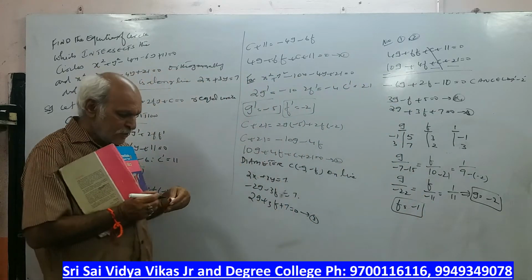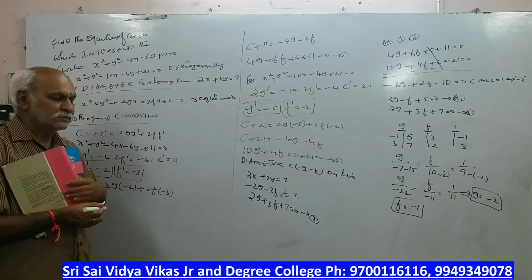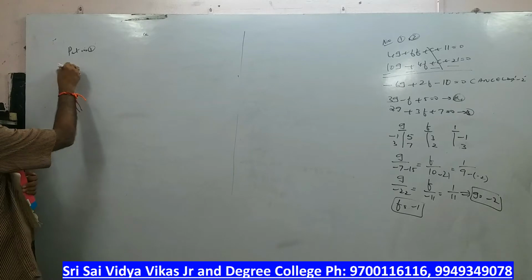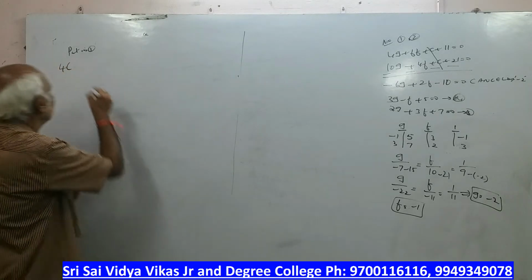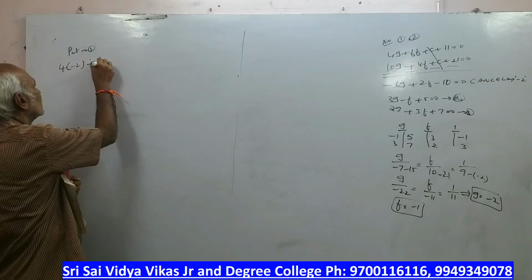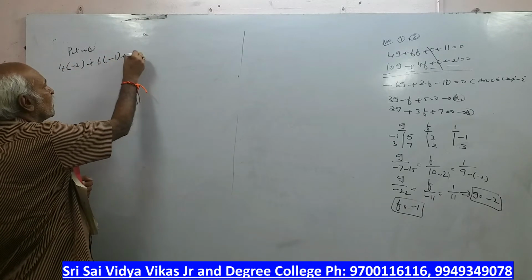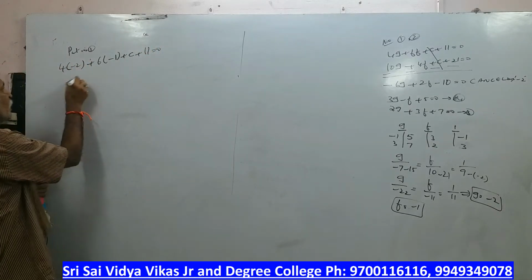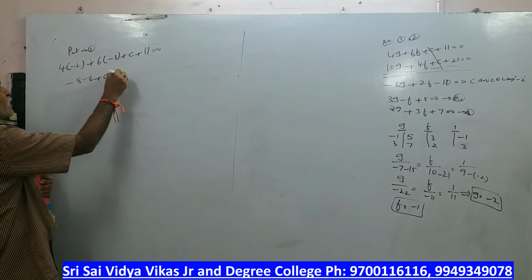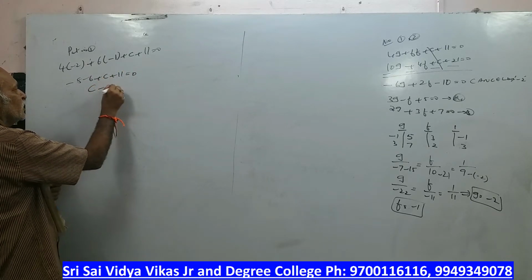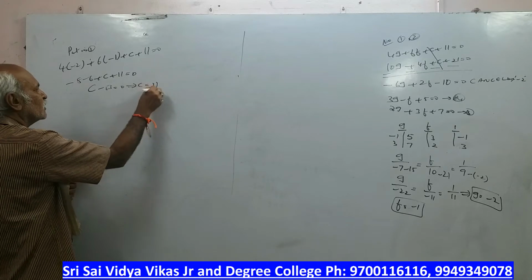Okay, let us see. So we have to find the c value. Put in the first equation. What is the first equation? 4g, g value how much we got? Minus 2, plus 6f, f value minus 1, plus c minus 11 is equal to 0. So this becomes minus 8 minus 6 plus c minus 11 is equal to 0, c is equal to 3.